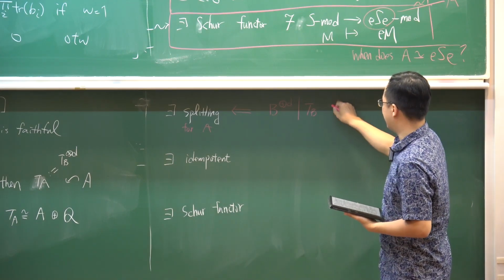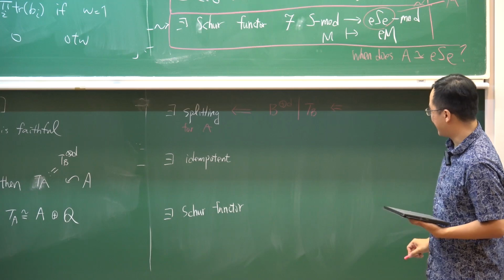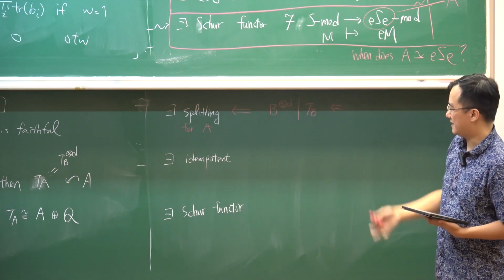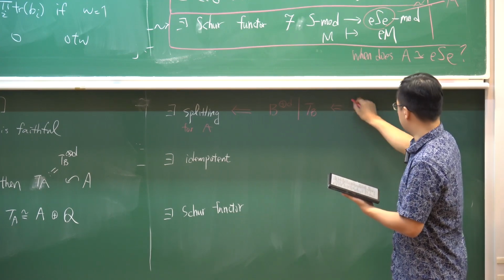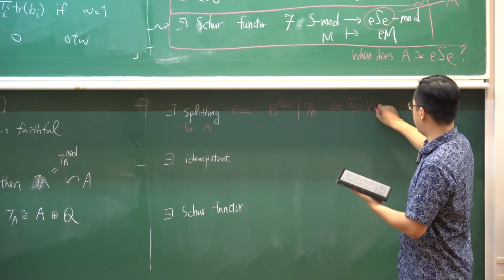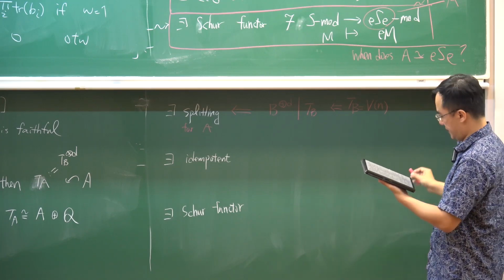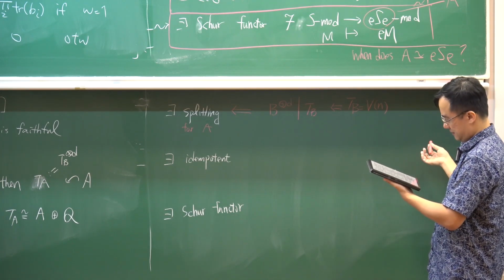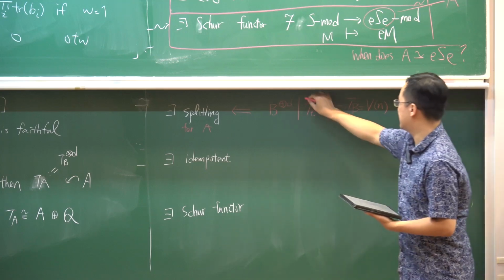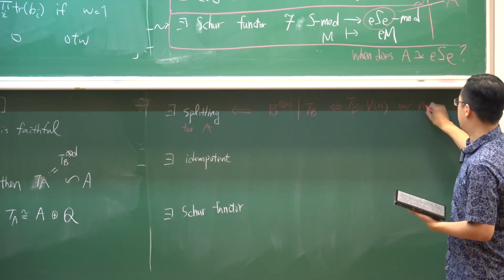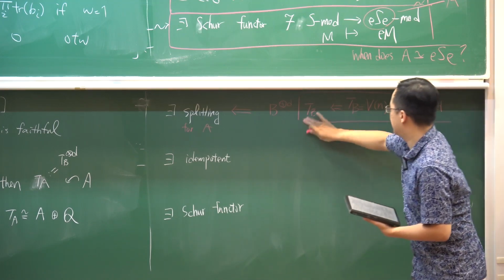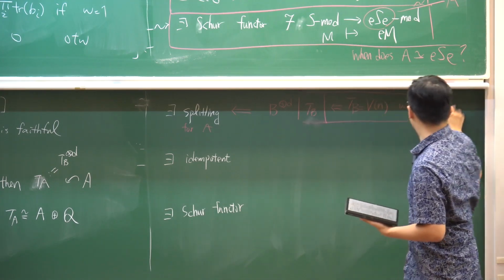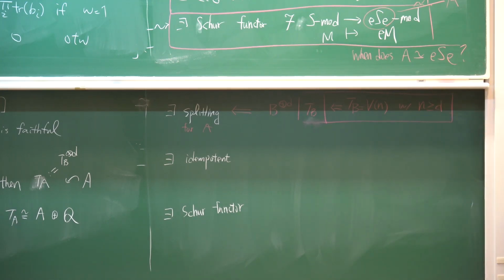The most naive example is the type A Schur-Weyl duality, where you set T_B to be the n-dimensional vector space, and then you want n bigger or equal to D. In all these Schur-Weyl dualities, you always find a condition on the rank.